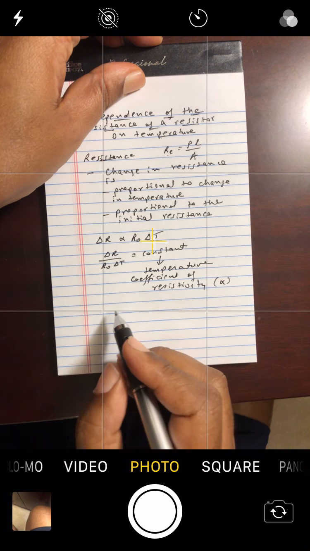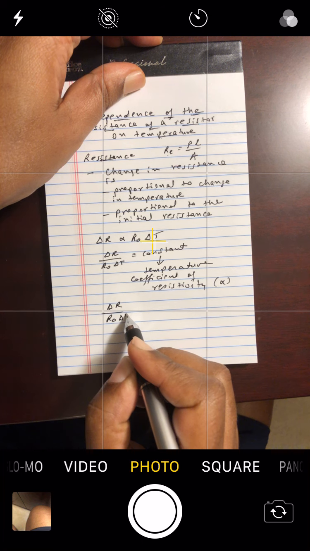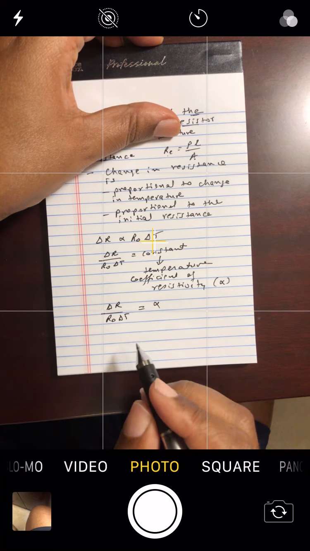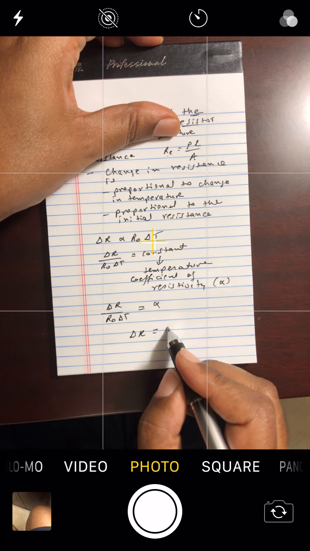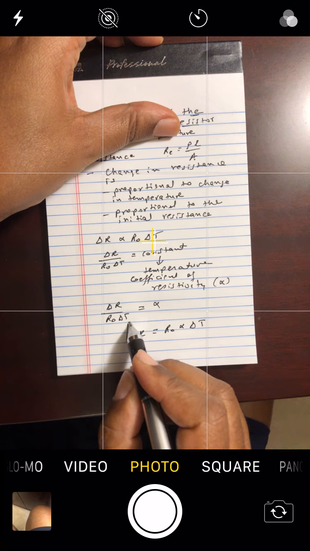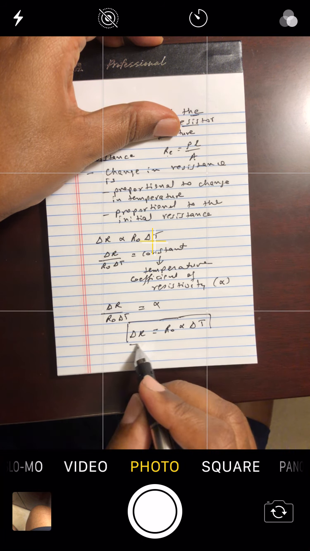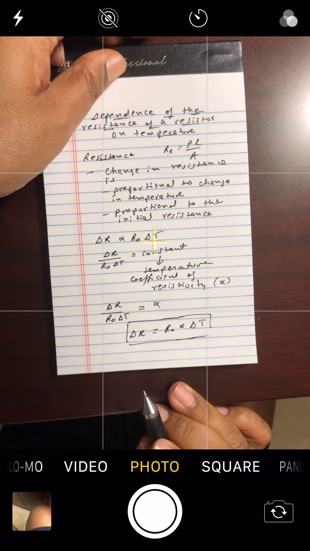So we have delta R divided by R naught delta T equals alpha, or the change in resistance equals initial resistance R naught times alpha times delta T. Okay, so this is a formula that relates change in resistance with change in temperature.